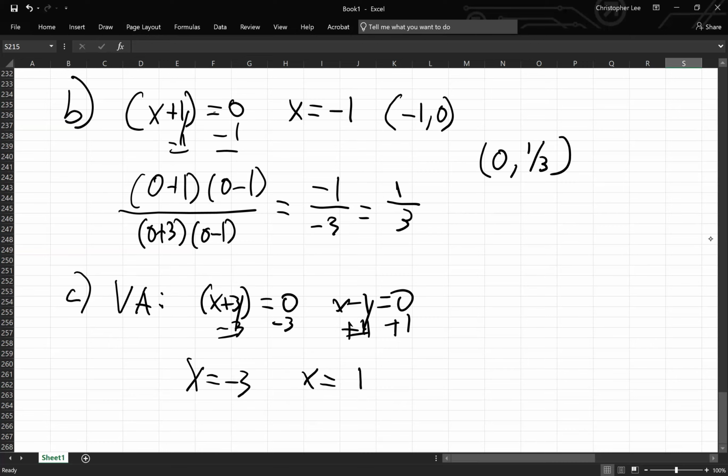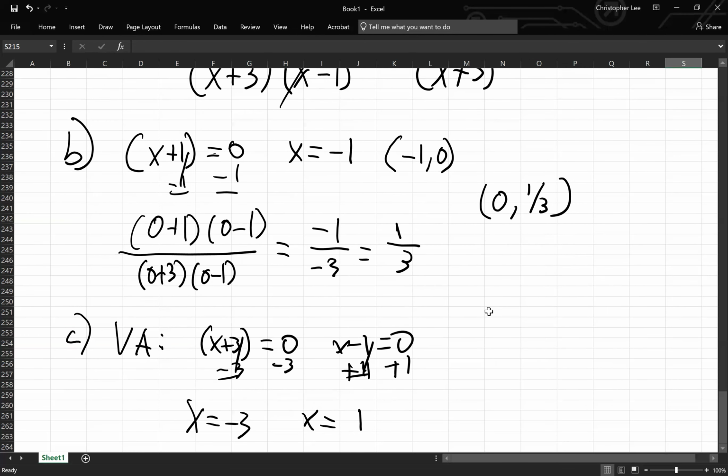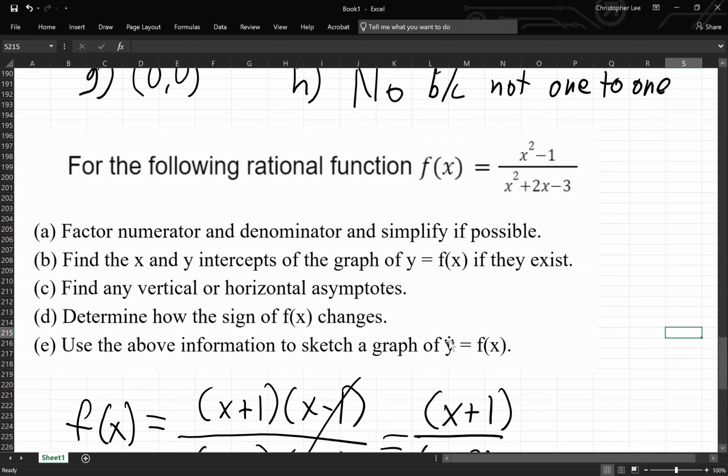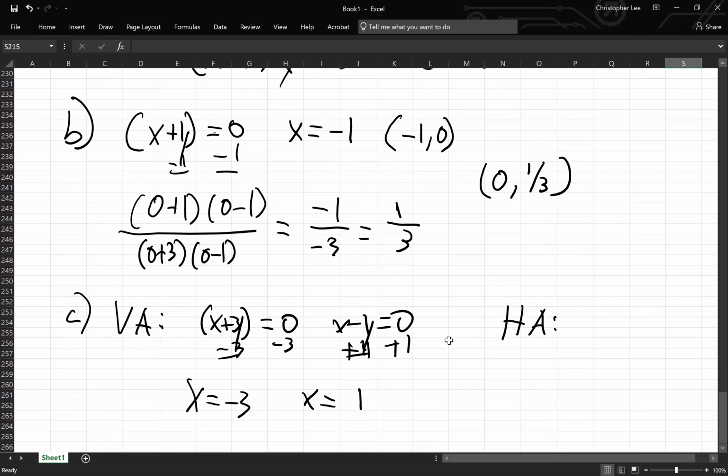So there will be a vertical asymptote at these points. Horizontal asymptote. Let's look back at the original question and do that. They both have x squared, so there's going to be a horizontal asymptote at y equals 1. There we go.